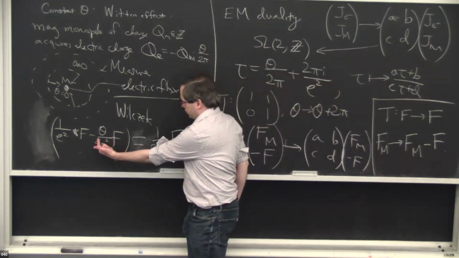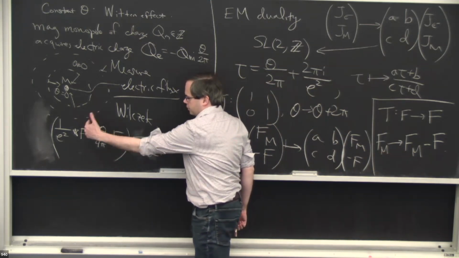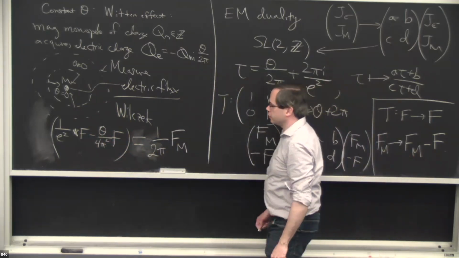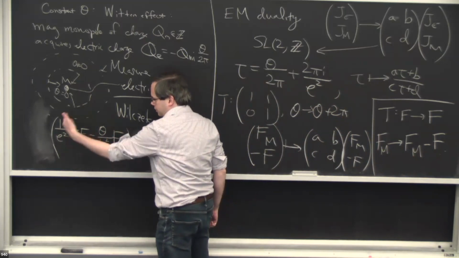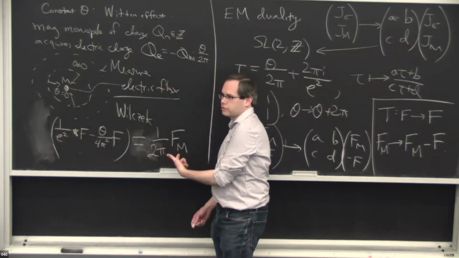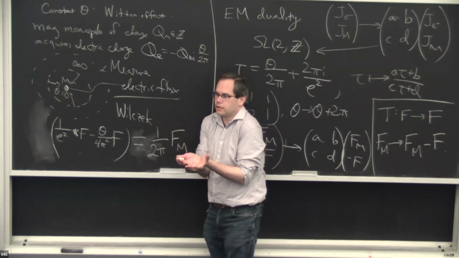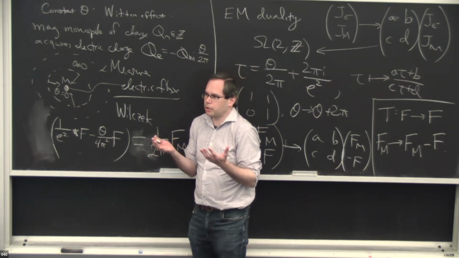If I shift theta to theta plus 2 pi, I add a term proportional to F here, and that's this term that got added there. But the reason you have to do this is that this is the thing that behaves like a magnetic flux. This is the thing that has an integer value when you integrate it through some surface. And so if you want to construct a dual U(1) gauge field, it has to have that property.